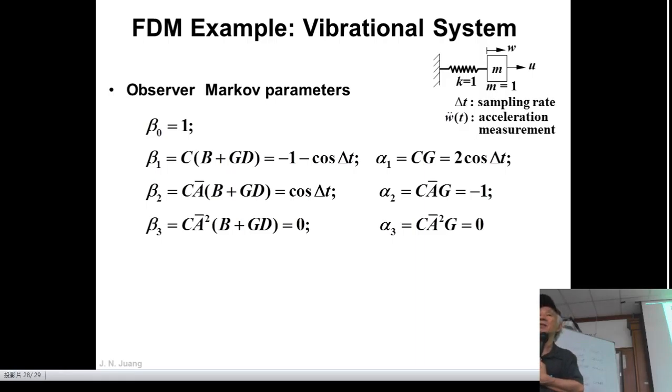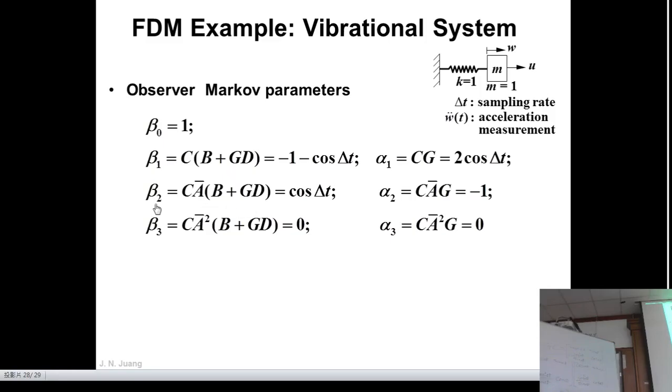So I have A, B, C, D, and G. If I have A, B, C, and G, I can substitute them in here and compute beta 0, beta 1, beta 2, beta 3. Beta 0 is D, because I know C, B, G, and D. Beta 1 becomes minus 1 minus cosine delta t.